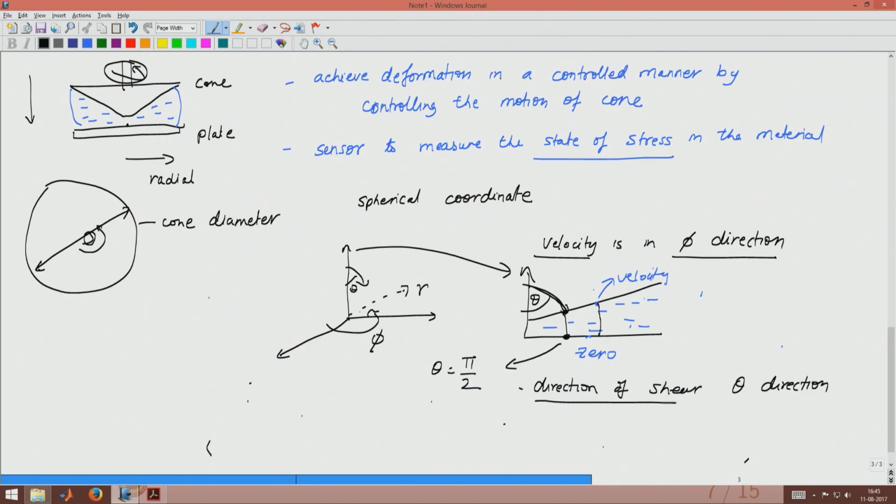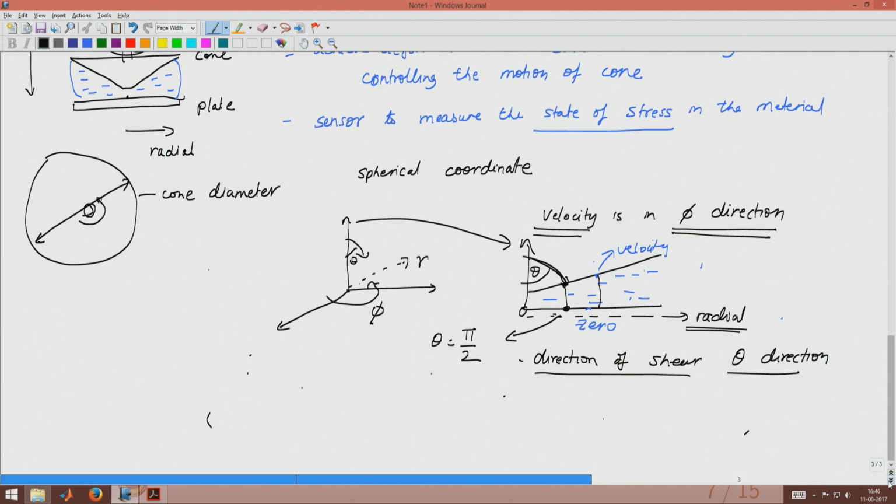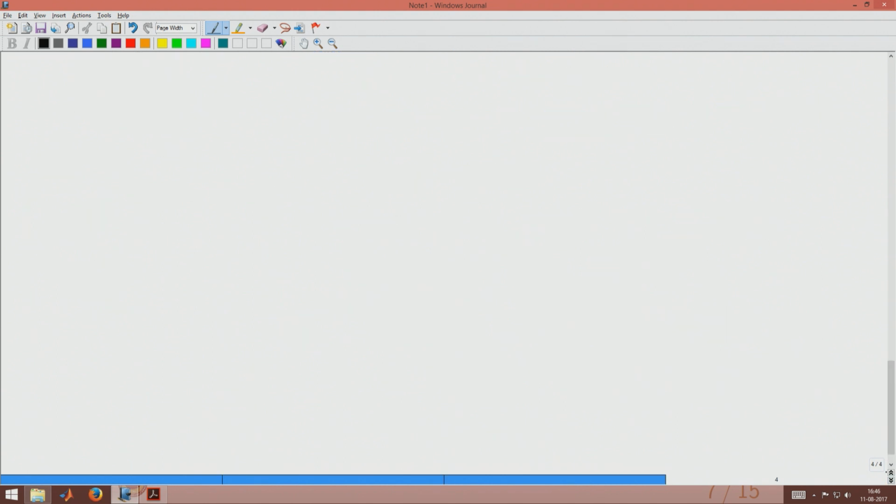And so, the direction of shear is theta, the direction of velocity is phi, and of course, the radial direction itself is as we go out from the center outward. So, now the question is, in this kind of scenario where we have all the r, theta, phi components, how do we describe the state of stress?